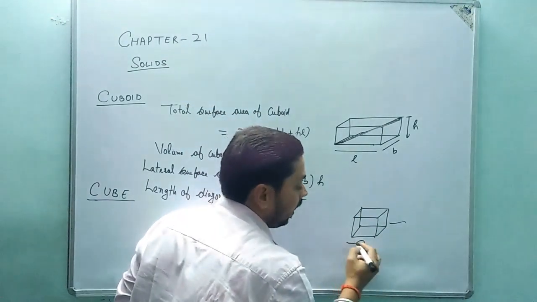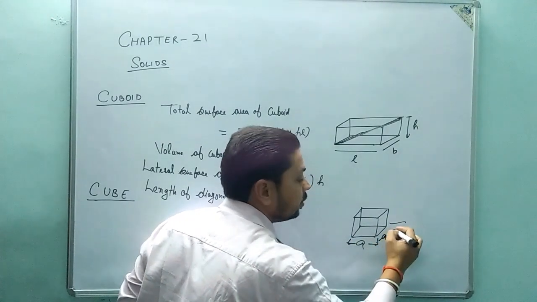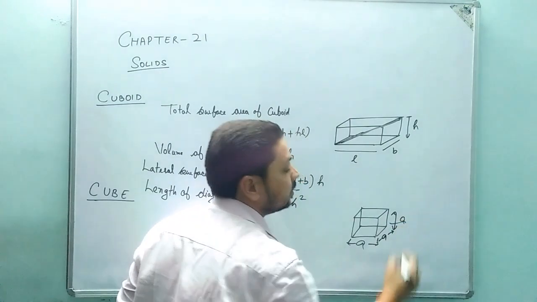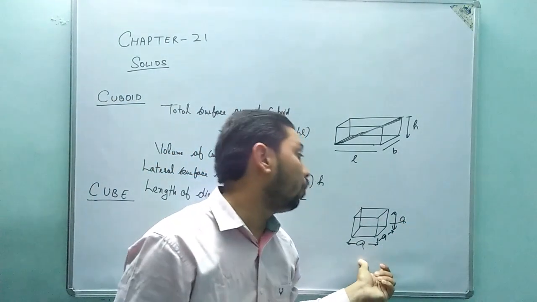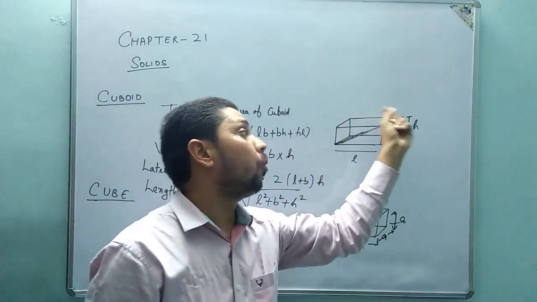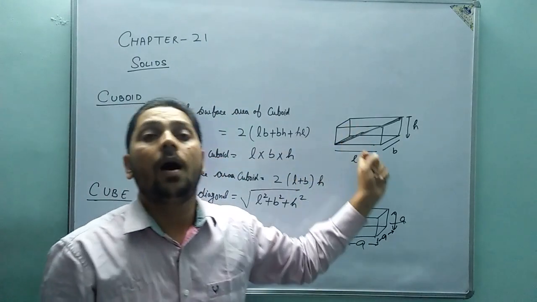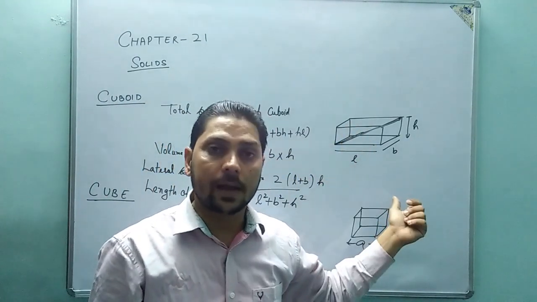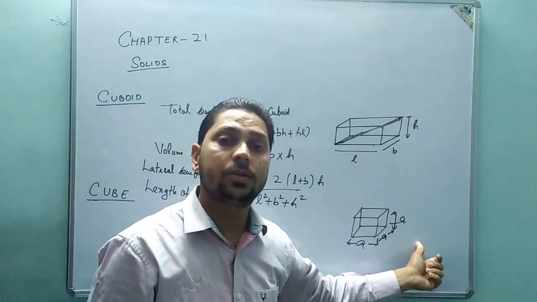We have a as the length, similarly a as the breadth and a as the height. What is the difference between cuboid and cube? A cuboid is made up of six rectangles, whereas a cube is made up of six squares.